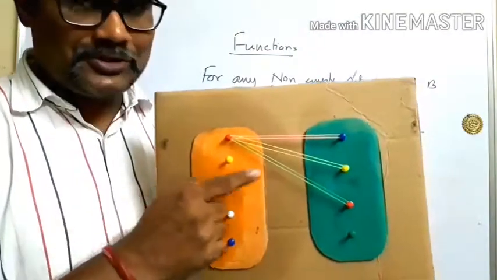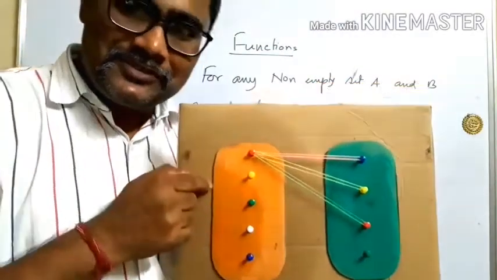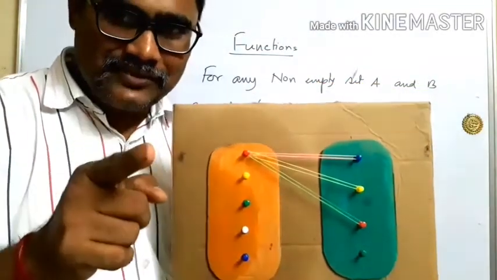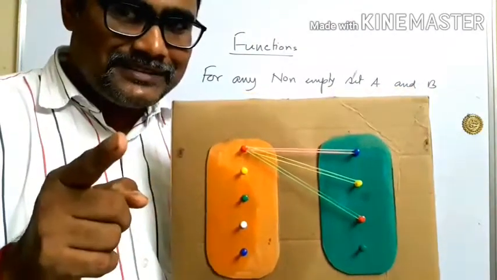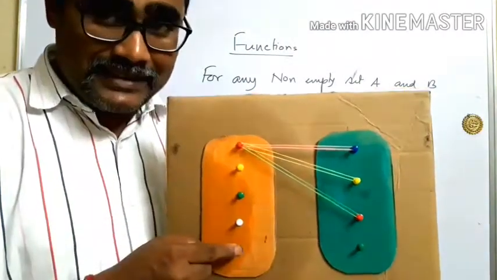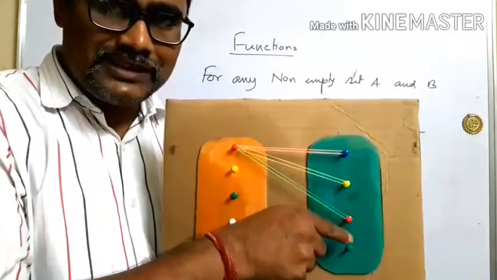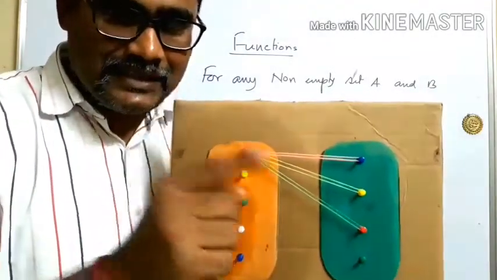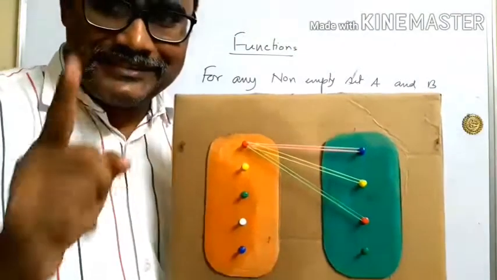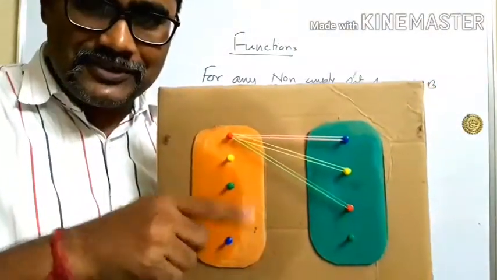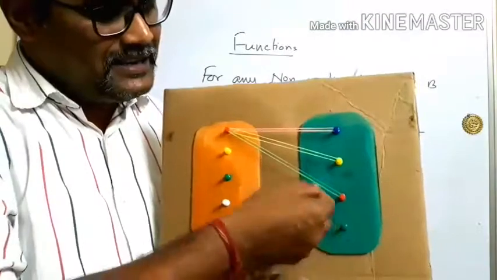No, because there is no rubber band connecting them. So this is not a function. So I have to make it in such a way that these elements are also related to one single element of this side. Let's do the modification in front of you, then you will understand it very quickly.